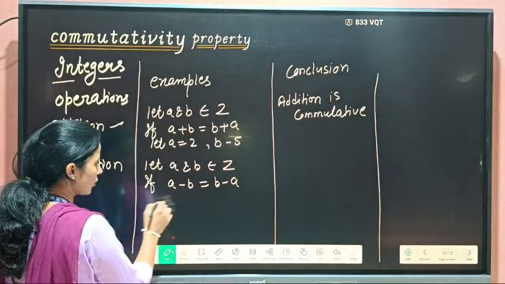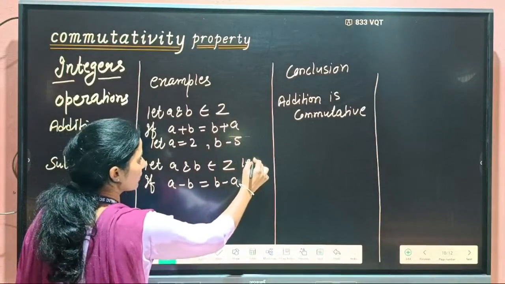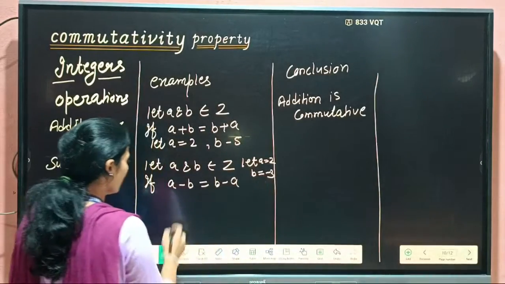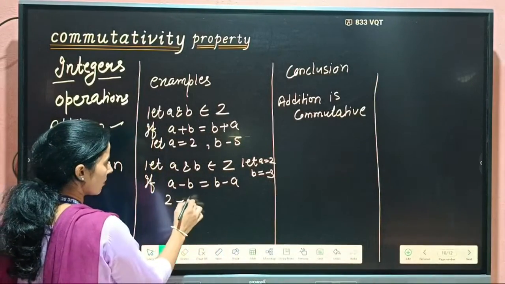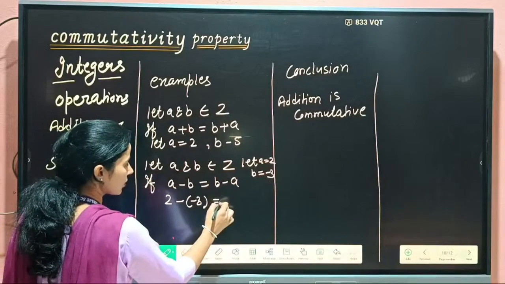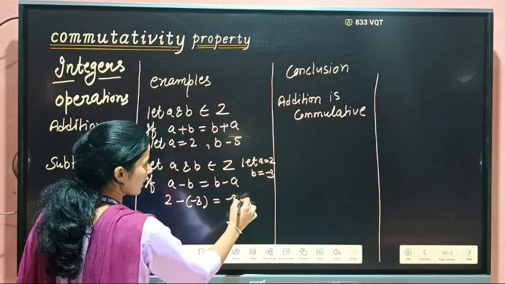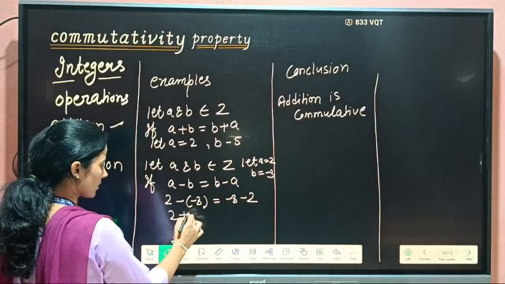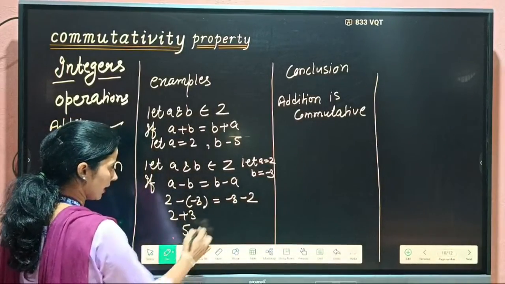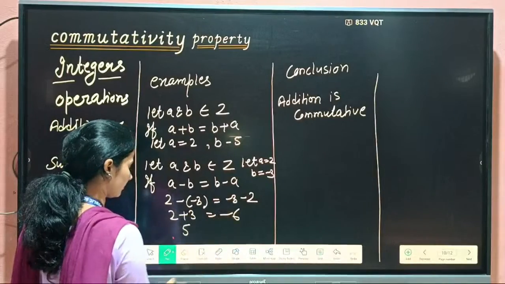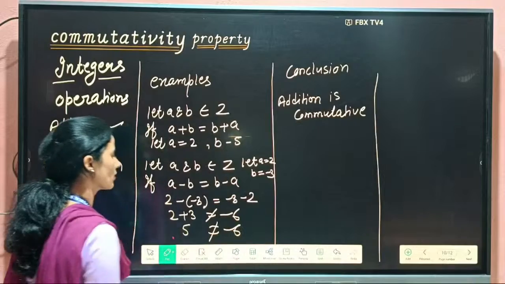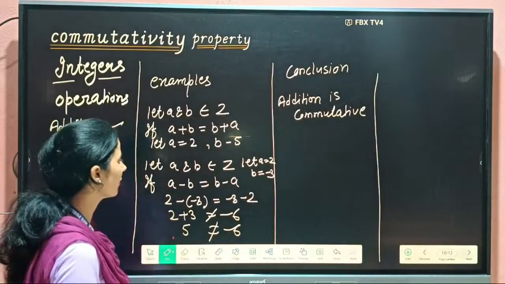Put values of A and B. Let A equal 2, B equal minus 3. Then 2 minus minus 3 must be equal to minus 3 minus 2. It will be 2 plus 3, the answer is 5. And on this side it is minus 5.